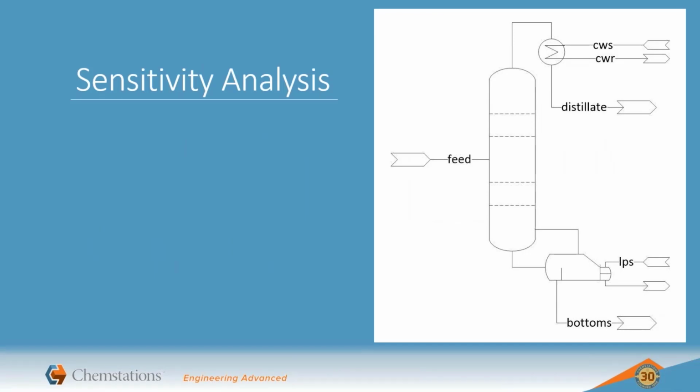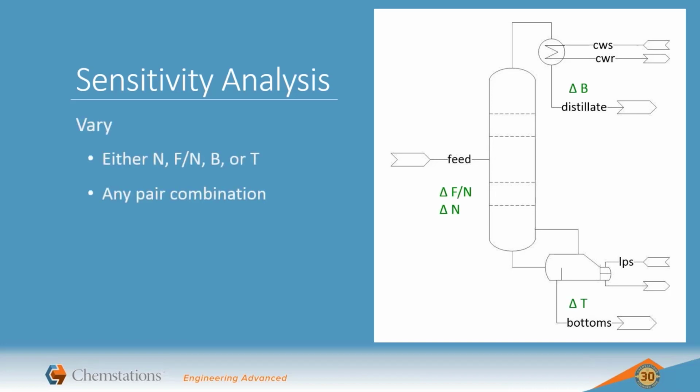So we can then use sensitivity analysis to help us optimize the column design. We can vary either the number of stages, the relative feed location, or the product purities, and we can do that either one at a time or any pair combination.